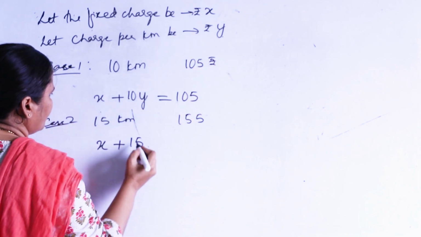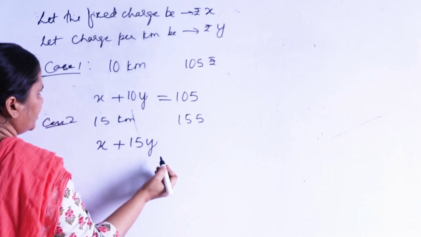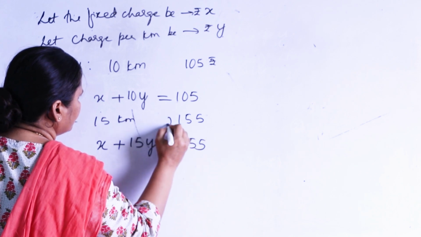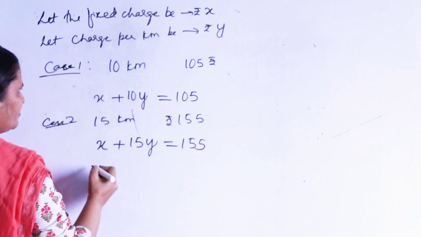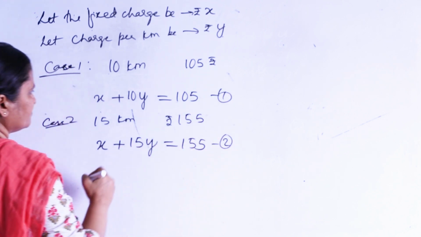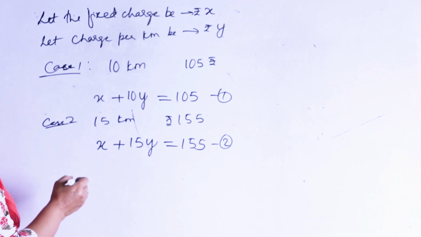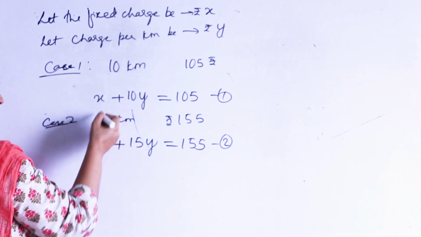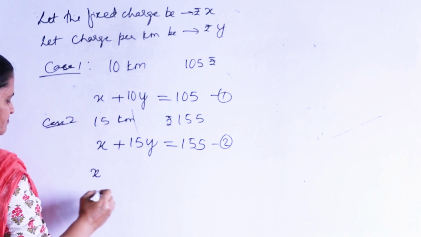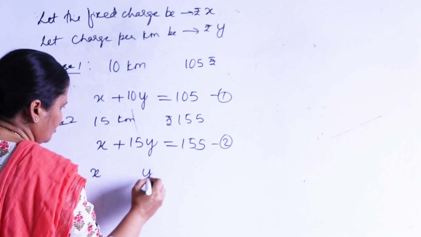For 15 kilometers, 15Y rupees. And the total charges he paid was 155. Equation 1, equation 2. Solve equations 1 and 2 for X and Y. You will get the X value. You will get the Y value.